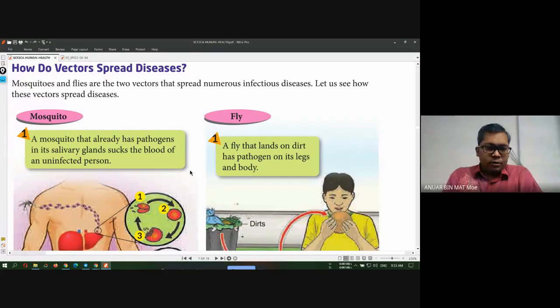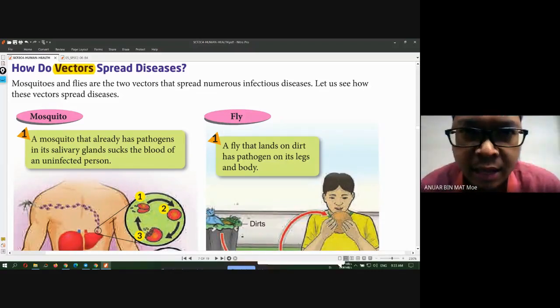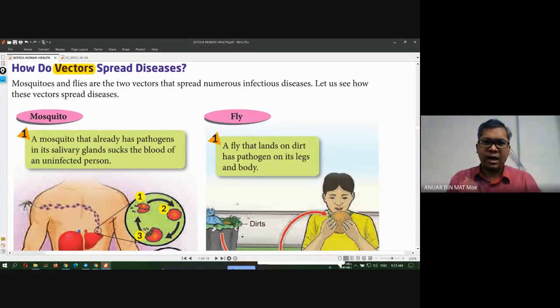Okay. Very good. So how do vectors spread diseases? You must understand what is a vector. In chapter 4, human health, a vector is an animal that carries the disease, the animal that carries the pathogen.